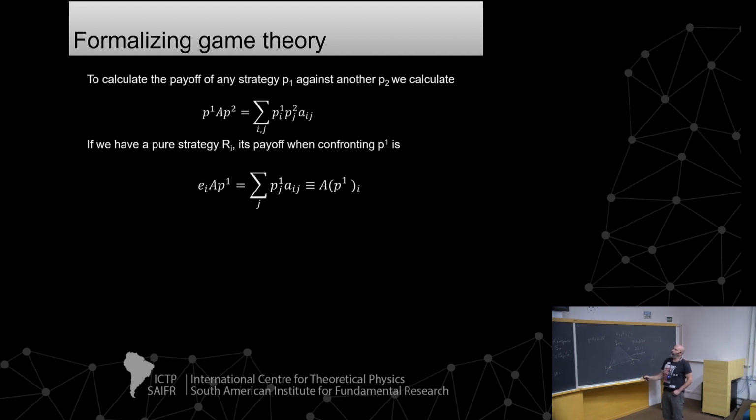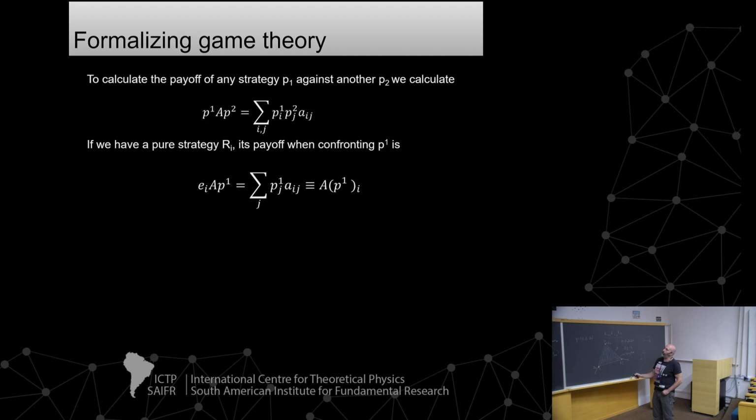If I have a pure strategy Ri, that means that instead of having a vector with more than one component different from 0, I have only one component that is equal to 1 and the rest is equal to 0, so I will be in the case where P1 is a pure strategy.